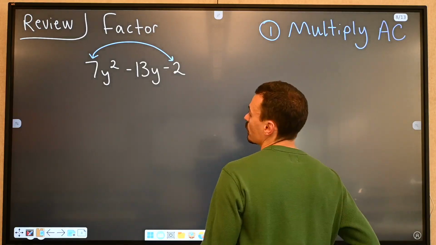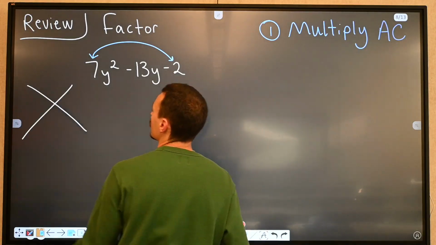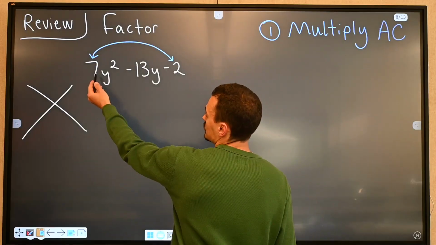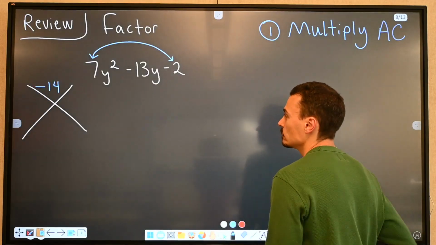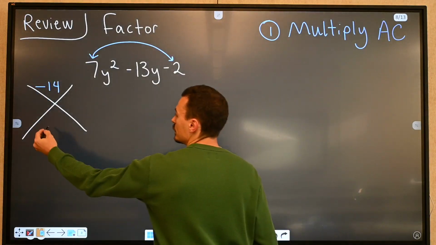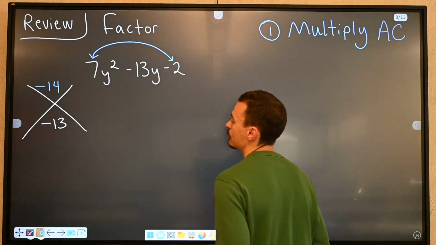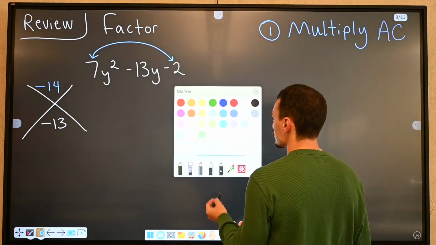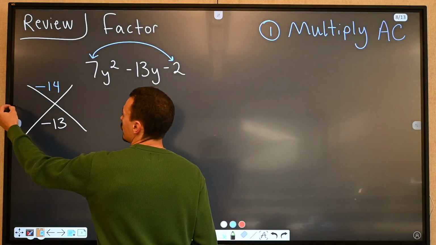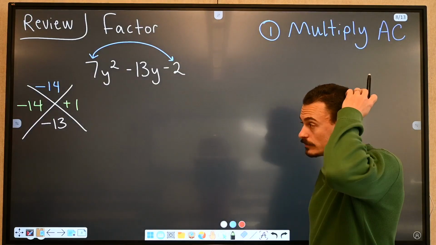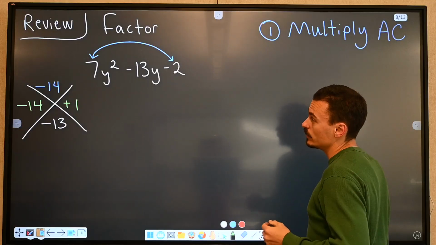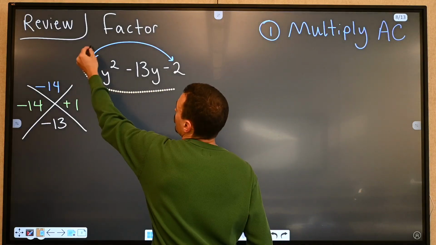So when we go to make our diamond, we will take 7 times negative 2, which is negative 14. Okay, then we will complete our diamond. Okay. This will be negative 14 plus 1. I'm going a little fast on the diamond part, so hopefully you can keep up.